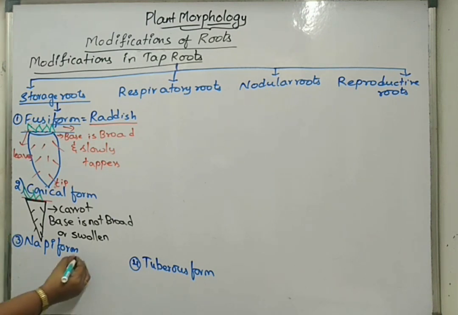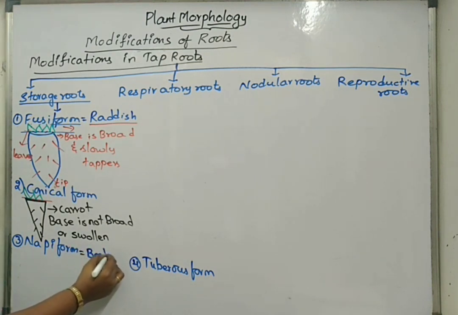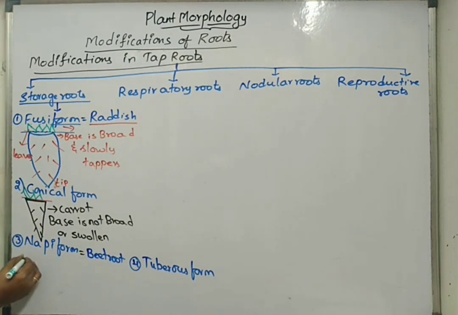Next, napiform. Here the example we can write is beetroot. Here in case of beetroot, if this is the earth layer and these are the leaves, the part that is touching the earth layer swells by storing of the food material, and that broad end which is touching the earth surface becomes still broader, and suddenly it tapers at one point.